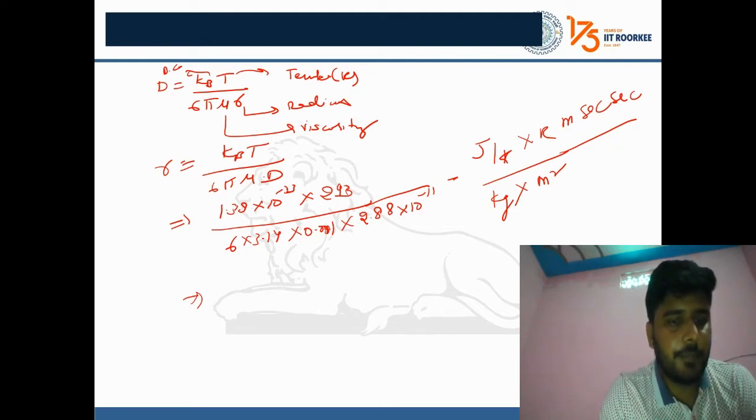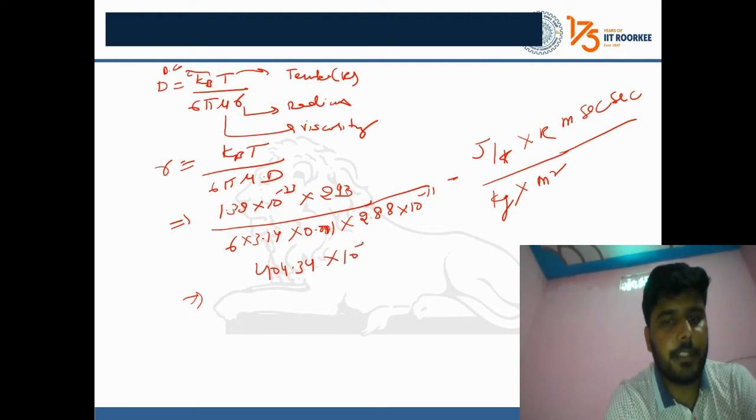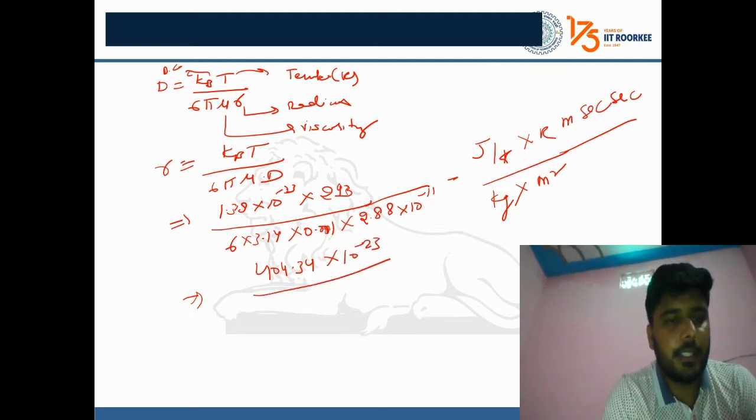You just calculate this value in your calculators. That is 1.38 × 293 × 10^-23 in the numerator, and the denominator will be 6 × 3.14 × 0.001 × 2.88, that will be 0.0542, and 10^-11.